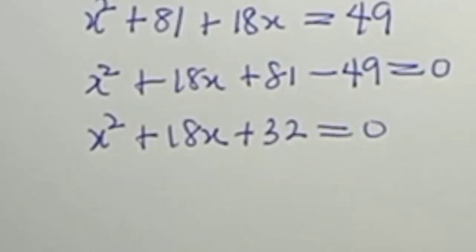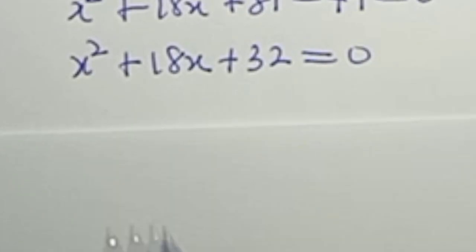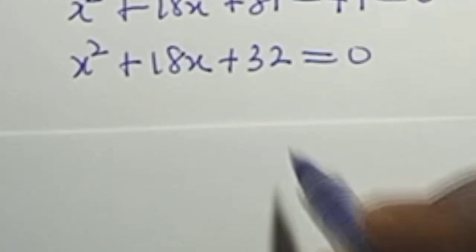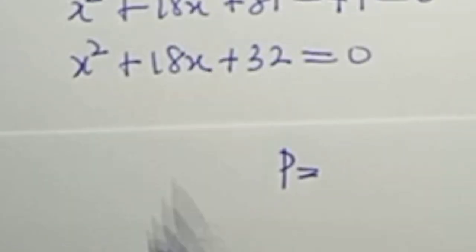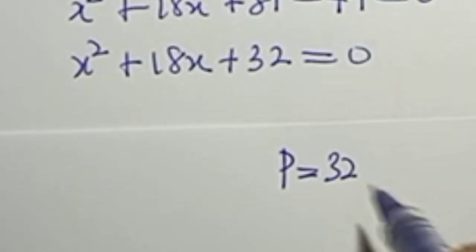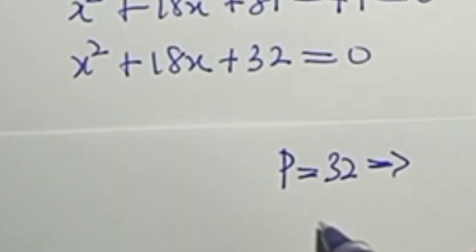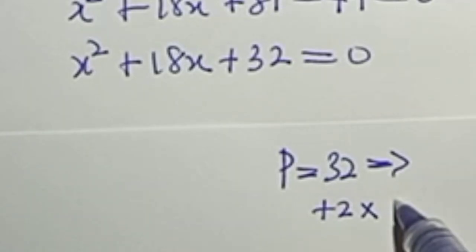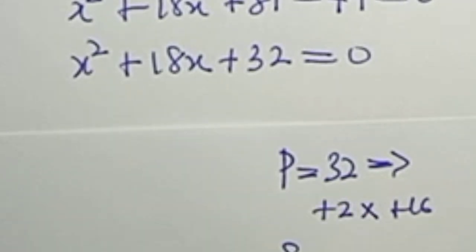So here is a typical quadratic equation, and factorizing this, we're going to consider the product. The product here is 32, which can be achieved as plus 2 times plus 16. 2 times 16 is 32, and the sum is 18, which can be achieved also as plus 2 plus 16, it's plus 18.